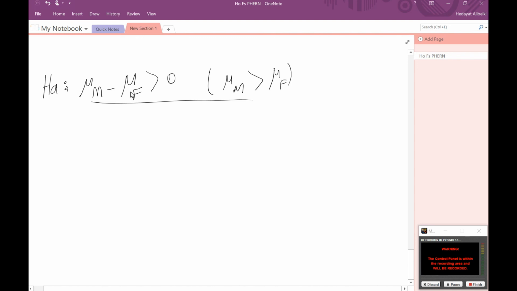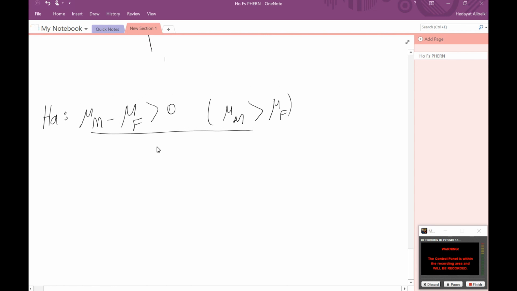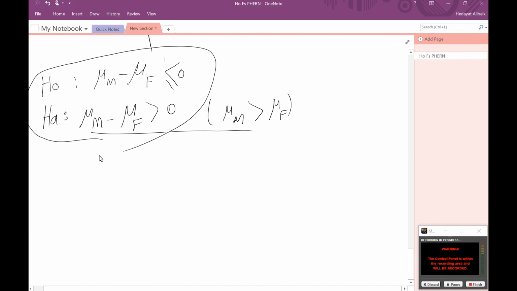So we take this as the alternative, and the null would be mu m minus mu f less than or equal to 0. This would be our hypothesis set.